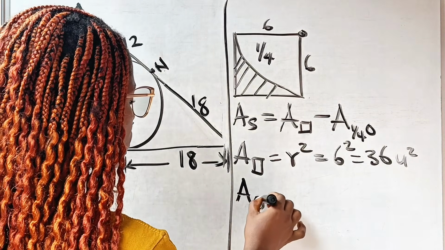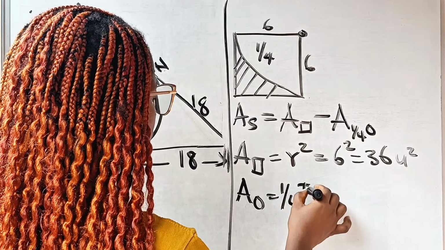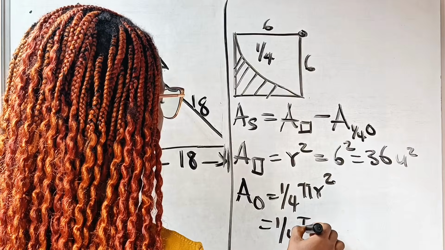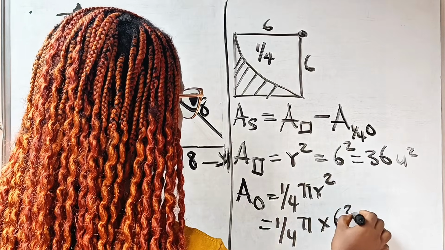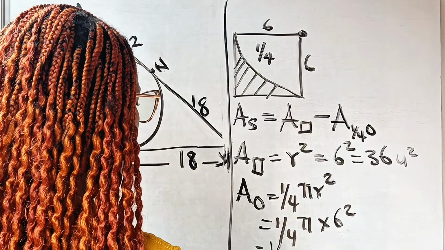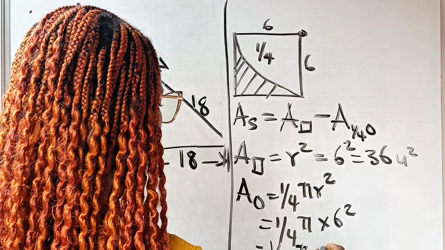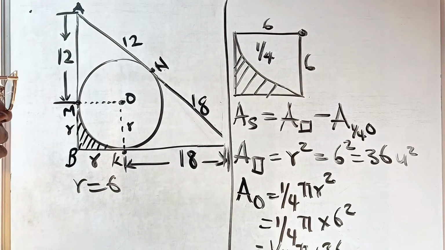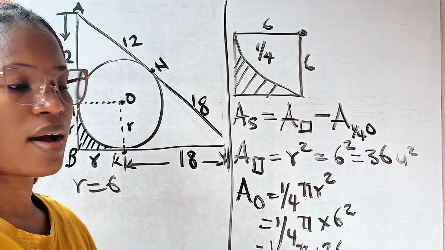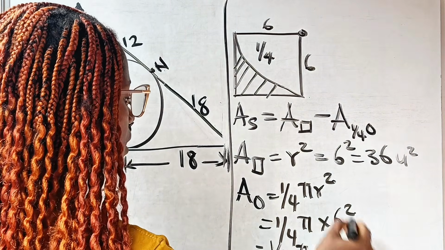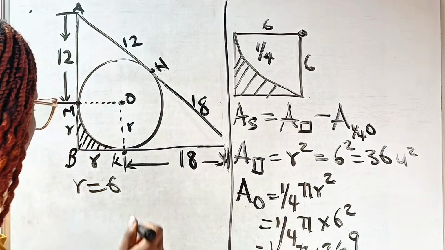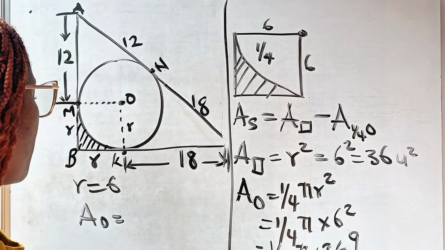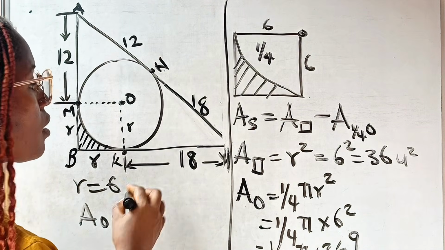So this should be 1/4 pi multiplied by 6 squared, which is 1/4 pi multiplied by 36. Now, when 4 divides 36, we have 9. So it simply means that the area of the quarter circle is 9 pi.